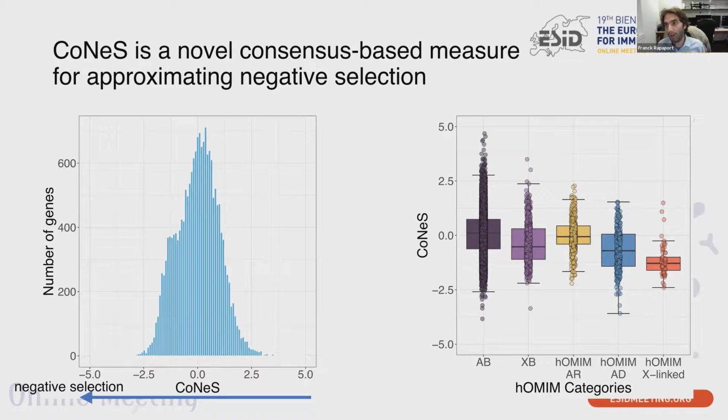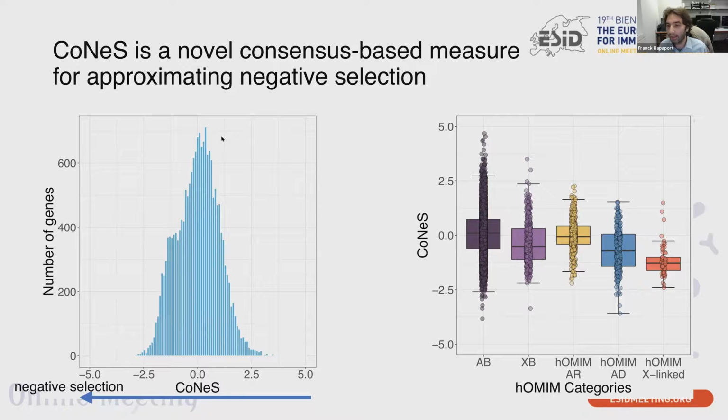We looked at how this score behaved on H-OMIM, which is a hand-curated version of OMIM that only contains highly penetrant genes, and that's what I'm showing on the right-hand side of this slide. We compared it to random autosomal genes, AB for autosomal background, and random genes on X. By random, I mean genes that are not known to cause any disease or known to be essential.